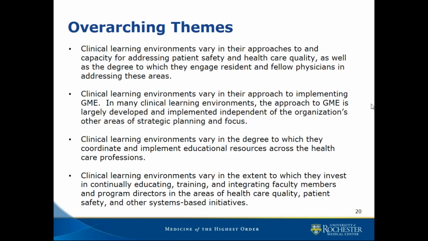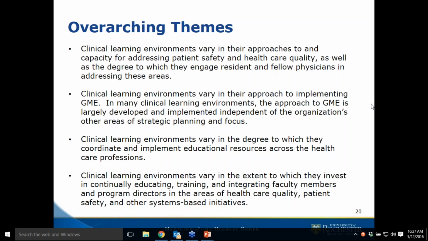So what did we find? What happened when you took people and you put boots on the ground and you went to 300 of our nation's teaching hospitals? What did they see? This data was culled from all of those visits to try to come back with some general themes. And here they are. These are called the 4 overarching themes.